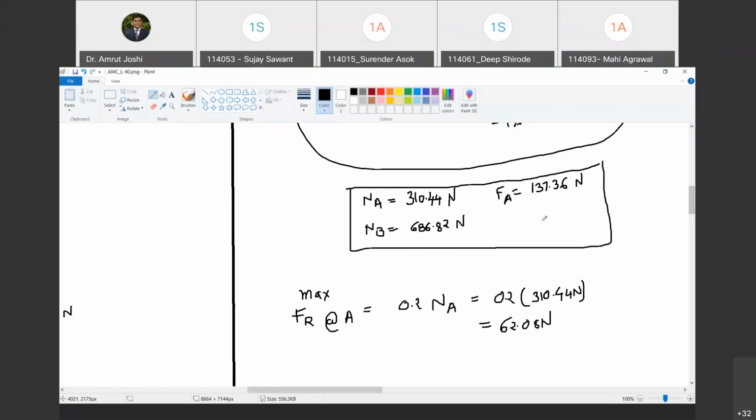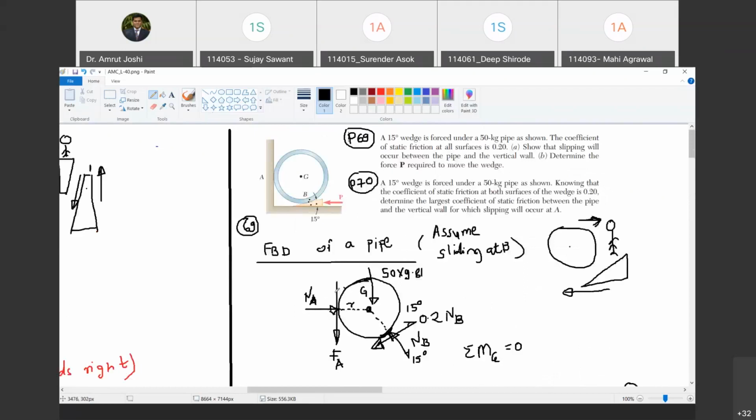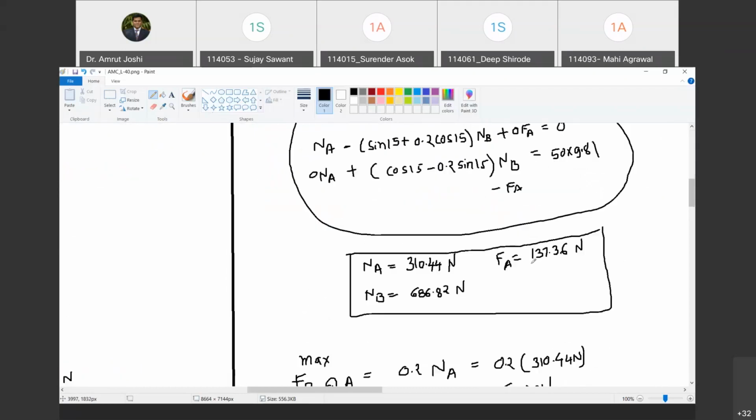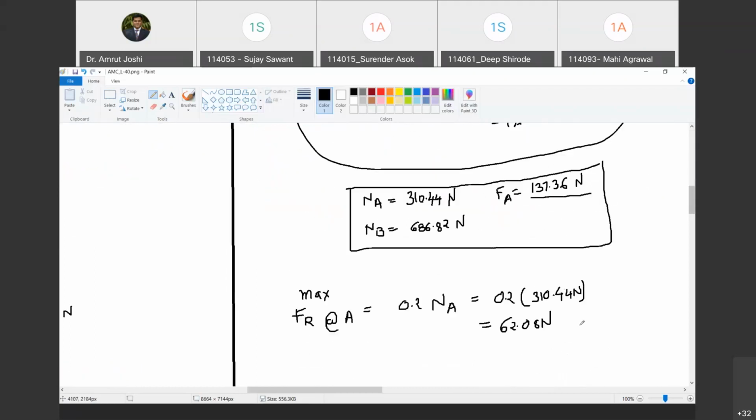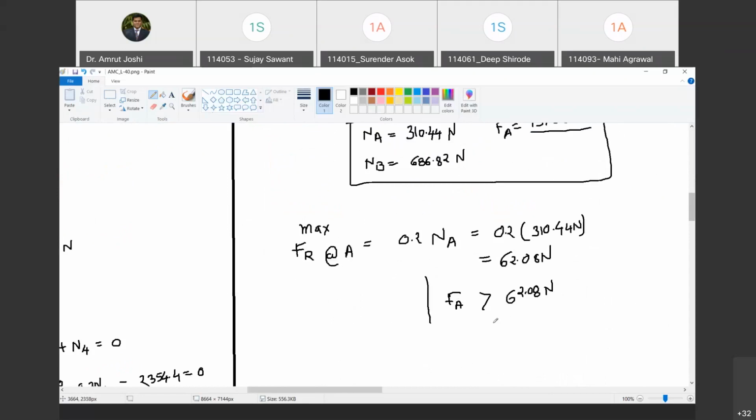But what is the requirement on Fa? How much has Fa come by calculation for equilibrium? 137.36. So is Fa greater than 62.08 Newton, which is the maximum frictional resistance that can be offered at A?